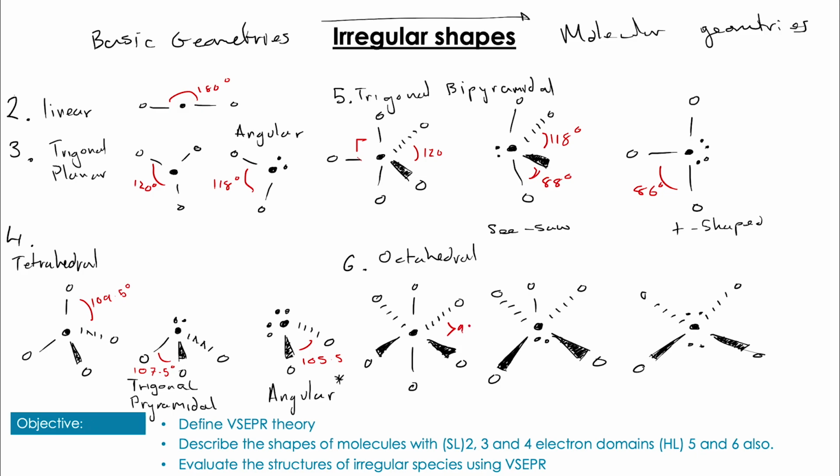In terms of angles, octahedral, we have 90 to begin with. That's going to be reduced by 2 for our square pyramidal, the one with one lone pair, to 88 degrees. And then finally, because we have a lone pair both above and below the plane of the other pairs, the angle of the final octahedral, the square planar complex, is actually going to stay at 90 degrees.